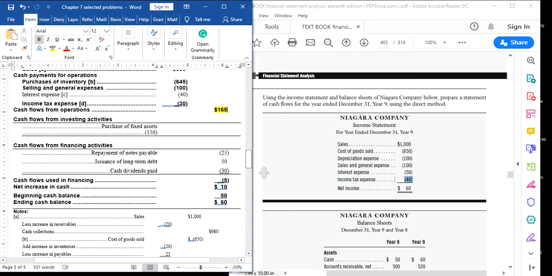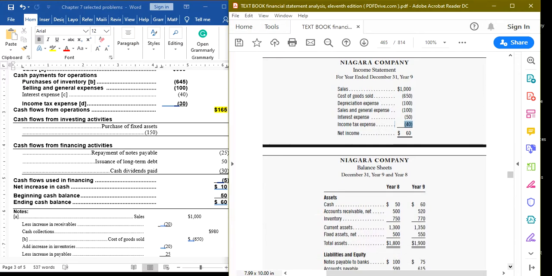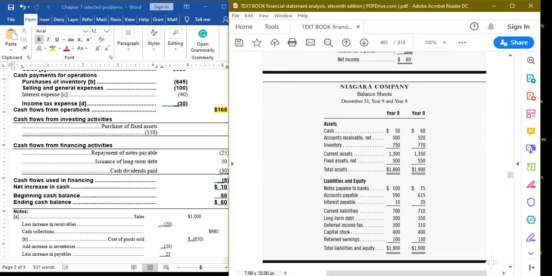Okay, we have cash flows from investing activities. We have only purchase of fixed asset for $150. Let me find it over here.